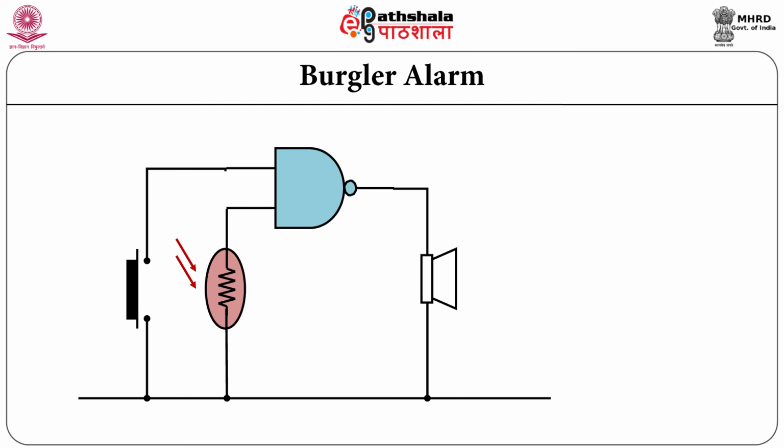When the LDR is in the light, the one input of NAND gate is low. Similarly, when the switch is closed, the other input of NAND gate is low. Thus, either the switch is closed or the light on one of the input is low, the output is high and the buzzer produces an alarm.